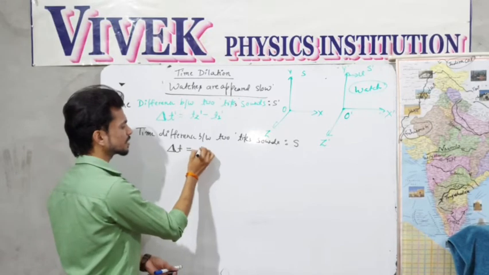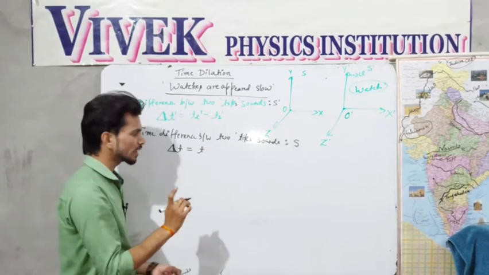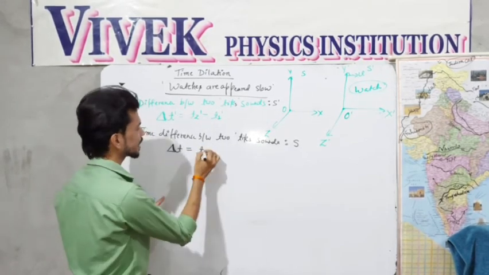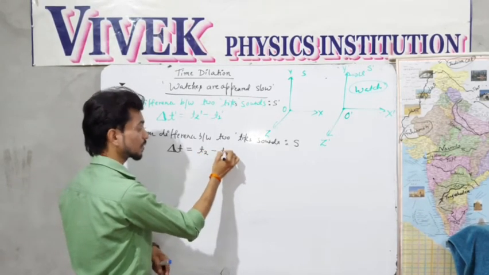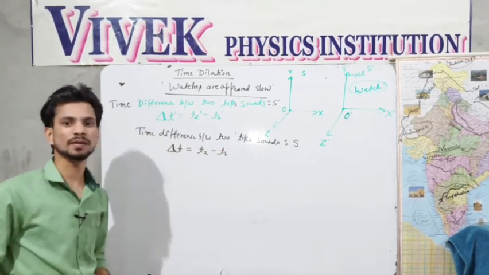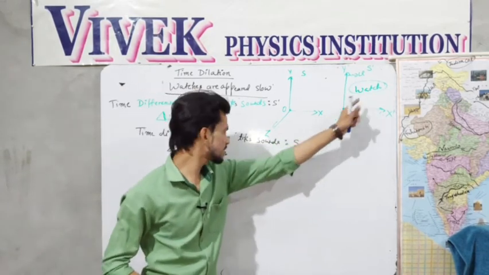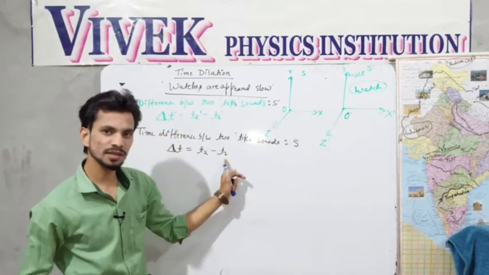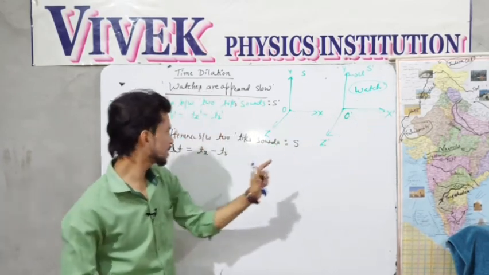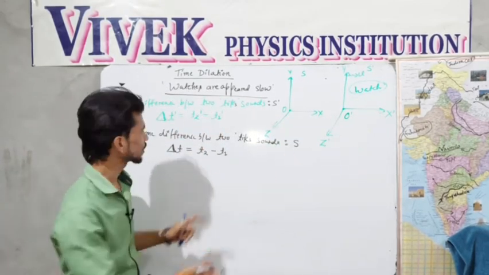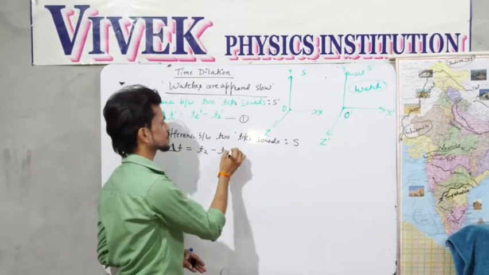The first tick sound is heard by this observer O at time instant t1, and another tick sound is heard at time instant t2. Let this equation be 1 and this equation be 2.